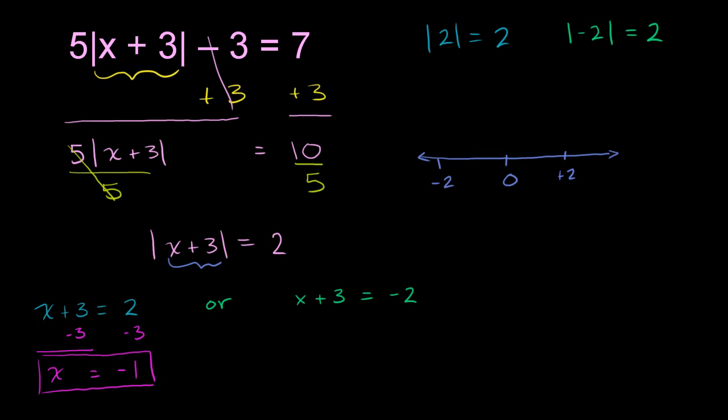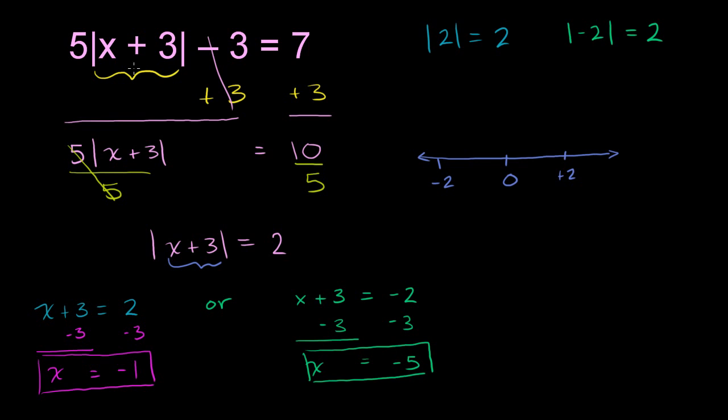And what's our other solution? Once again, let's subtract 3 from both sides. The left-hand side just becomes an x, and the right-hand side, negative 2 minus 3, is negative 5. So this is our other solution.